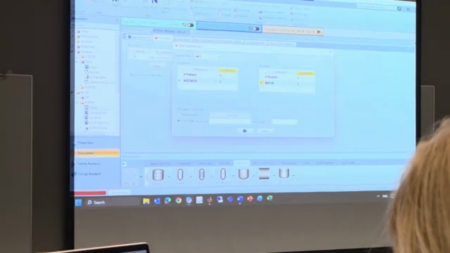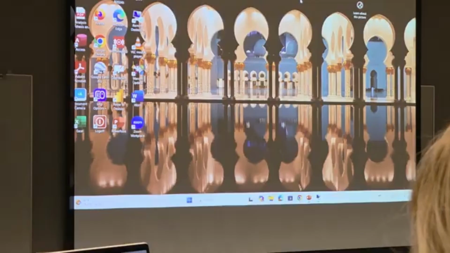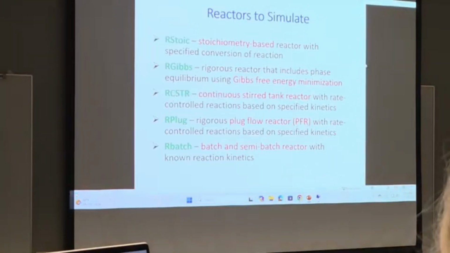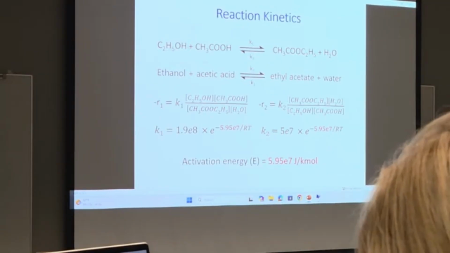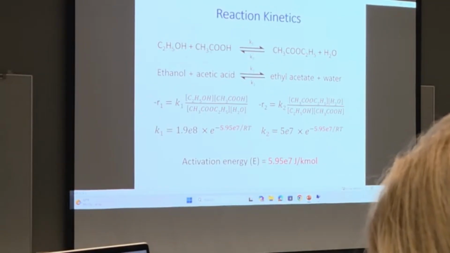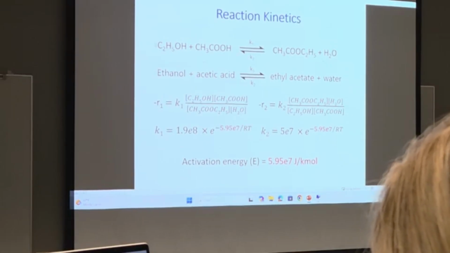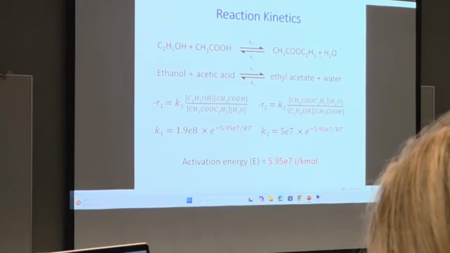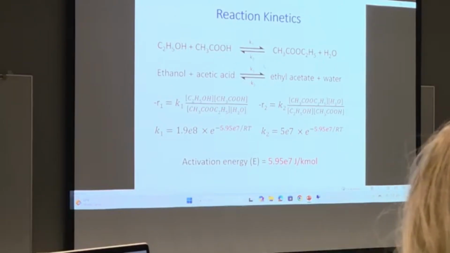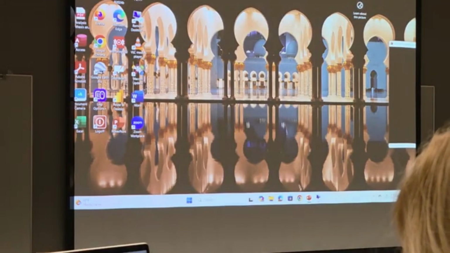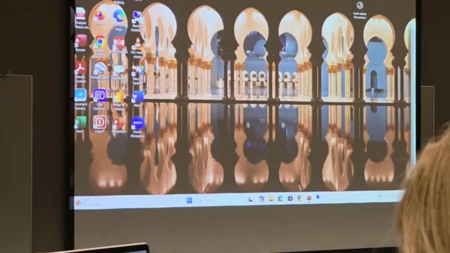If you look at our reaction here, ethanol reacts with acetic acid to produce ethyl acetate and water, and the stoichiometric coefficient, as you can see, is all 1. That's what the coefficient is, the stoichiometric coefficient of the reaction.